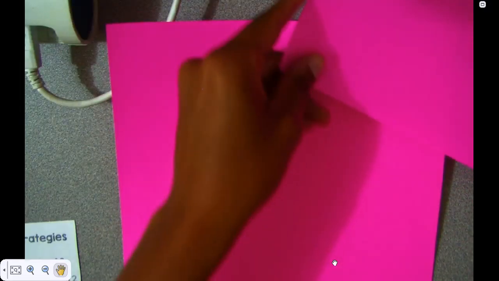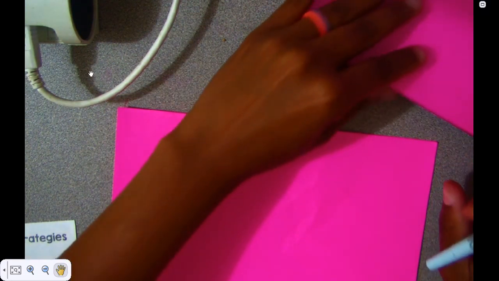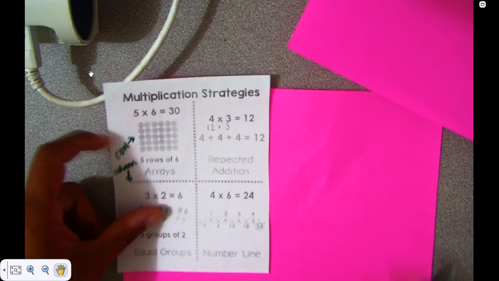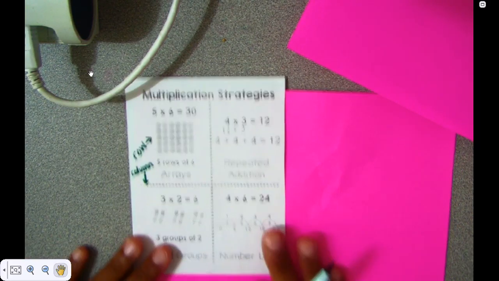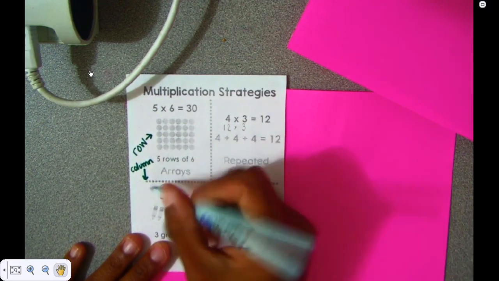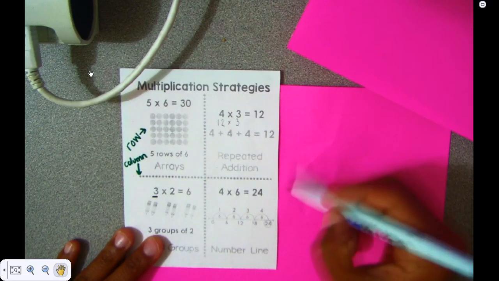So for example, they give me the problem 3 times 2. So in 3 times 2, I'm going to take this first number, 3, and I'm going to draw 3 groups.